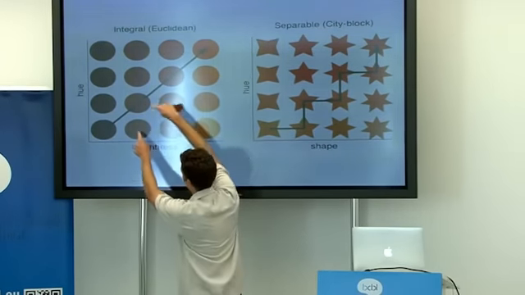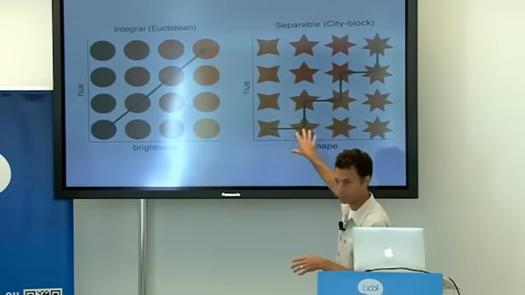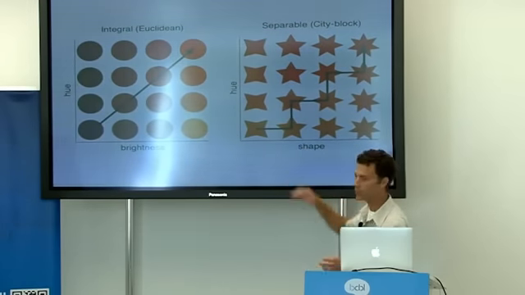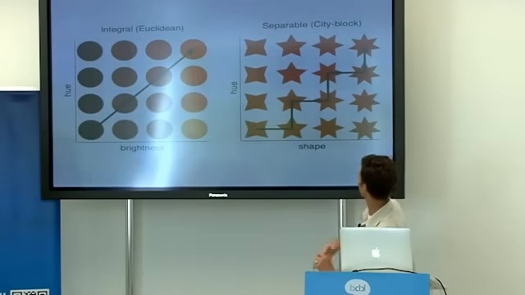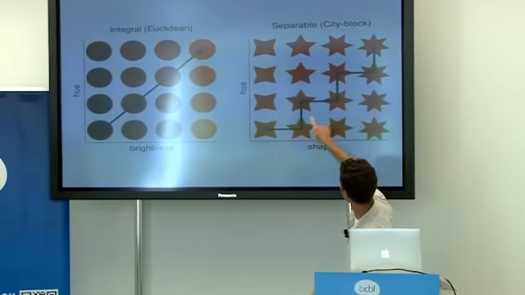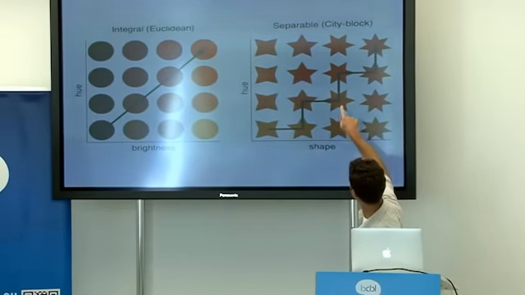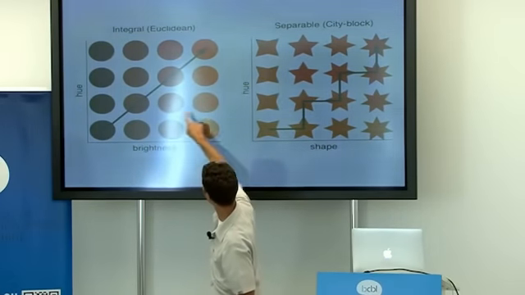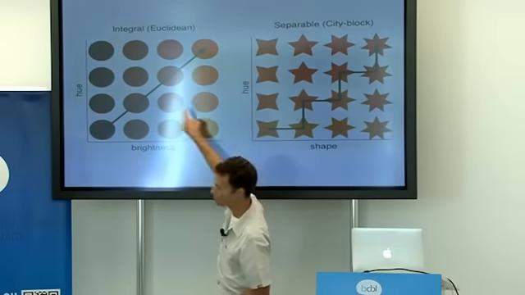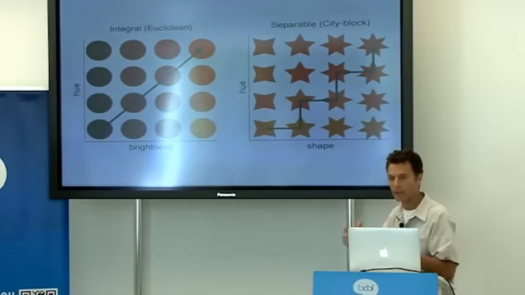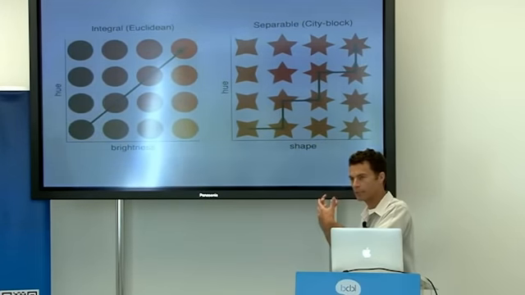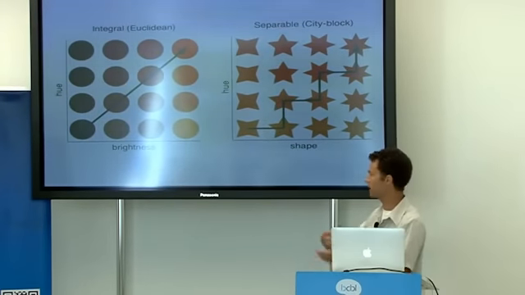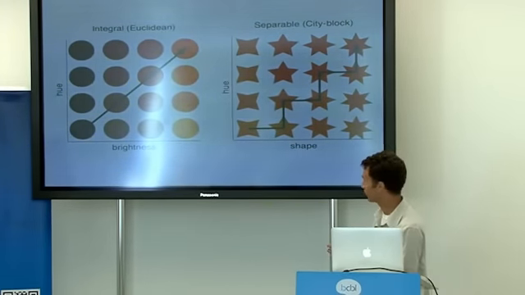But within a separable space, the perceptual similarity of any two stimuli follows what's called a city block metric. The similarity of these two things is 1, 2, 3, 4 steps away. Whereas the similarity of these two is whatever the hypotenuse of 2 and 1 is. That's a basic observation about the perceptual similarity of stimuli drawn from integral and separable spaces, and it goes back many years in psychology.